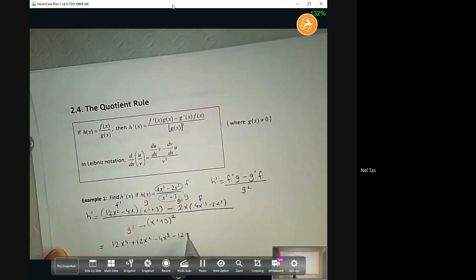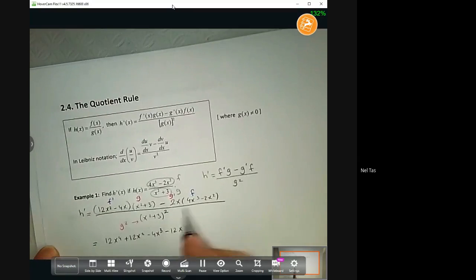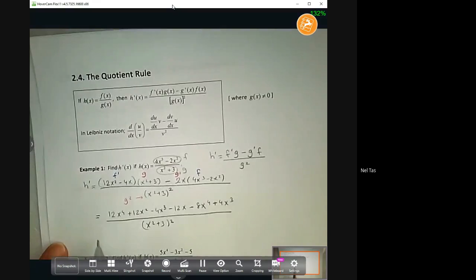Minus 12x minus 8x to the power of 4 plus 4x cubed over x squared plus 3 squared.